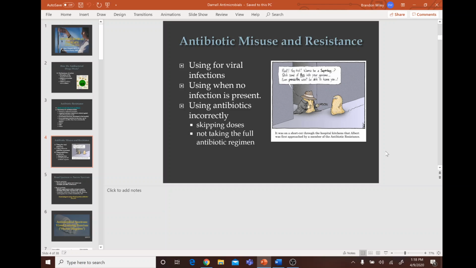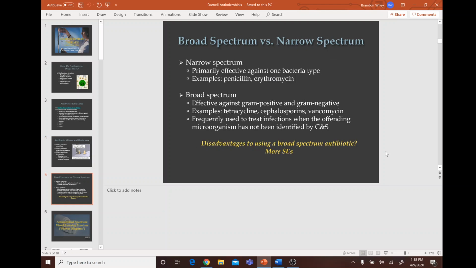Give me some examples of antibiotic misuse that lead to resistance. Using them for viral infections, using them when no infection is present, using antibiotics incorrectly such as skipping doses, not taking the full antibiotic regimen.